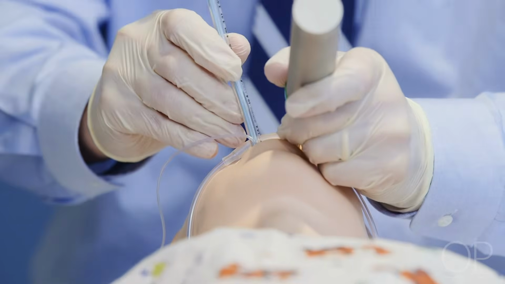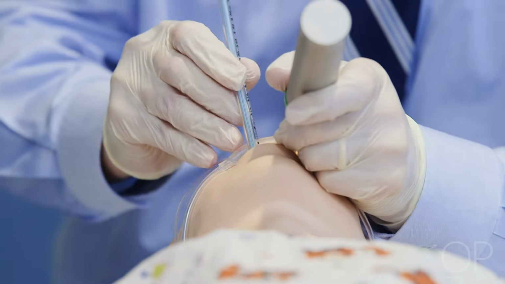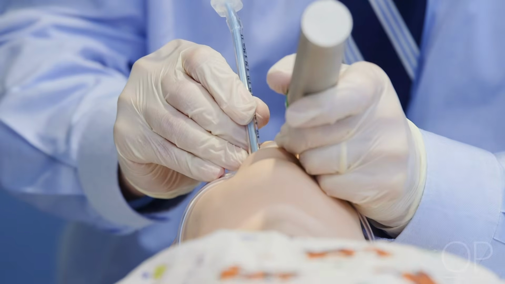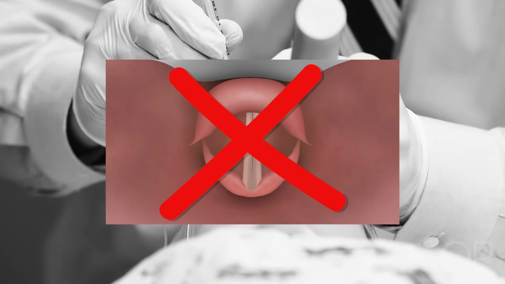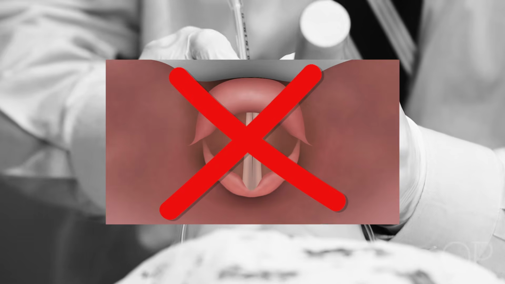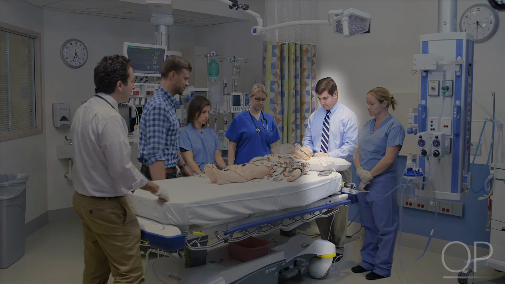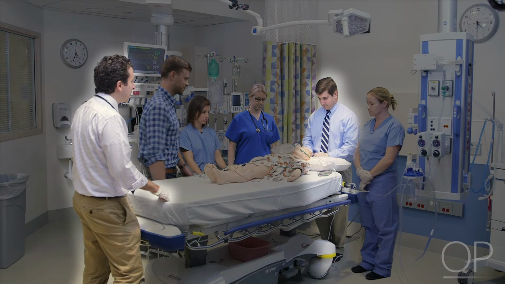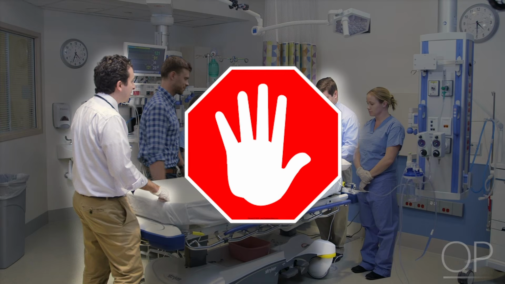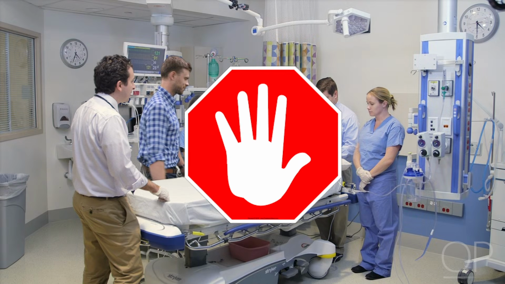The endotracheal tube should not be advanced until the intubator can clearly visualize the glottis. The endotracheal tube should not be advanced if the vocal cords are closed. The intubator and team leader should clearly communicate when to cease an attempt to avoid desaturation and/or dysrhythmia.